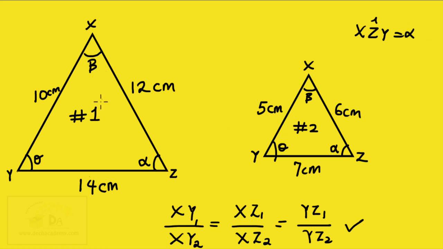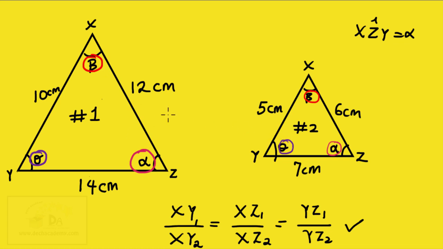So the corresponding angles in both triangles are equal. Given that the lengths of the corresponding sides are in the same ratio and the corresponding angles are equal, these two triangles are similar.